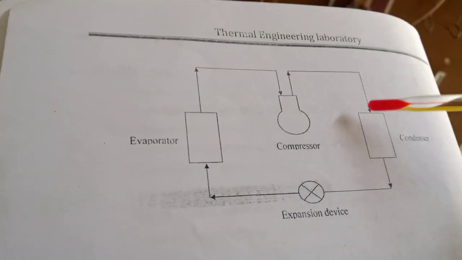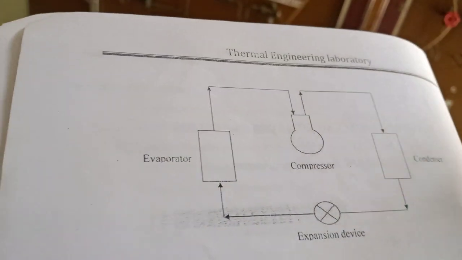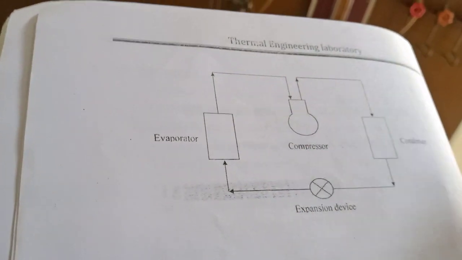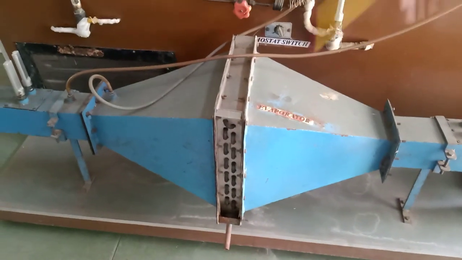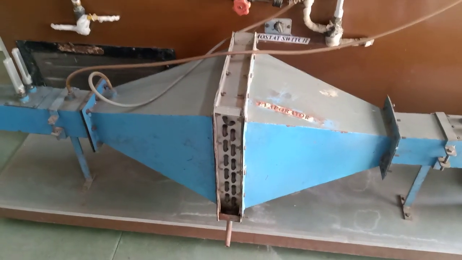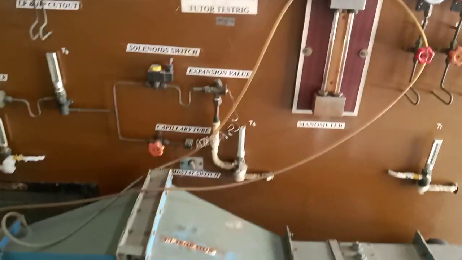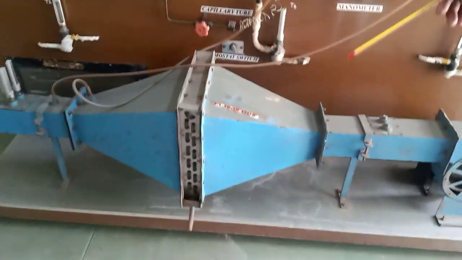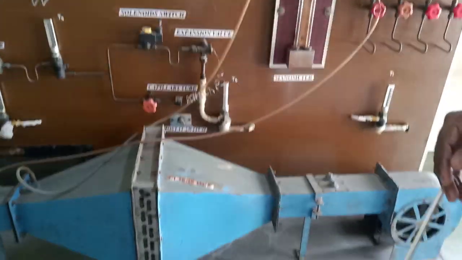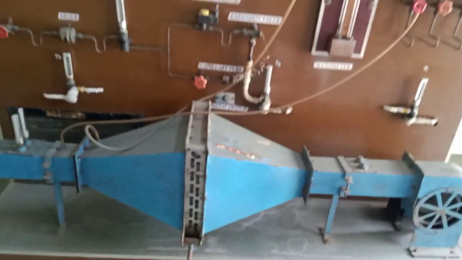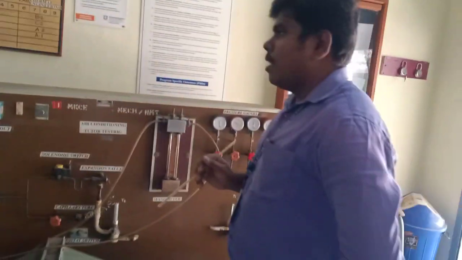repeats for an air conditioner. For air conditioning, inside the room we have only the evaporator section. Here you can see in the equipment the evaporator is fixed on this side. The condenser and compressor are fixed on the back side of the air conditioning unit. Why have we fixed them outside? Because in our air conditioned room only the evaporator is there.